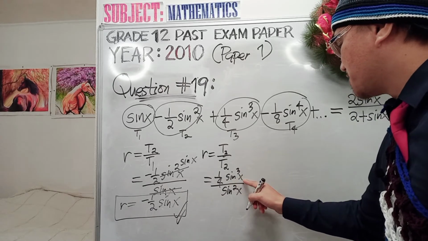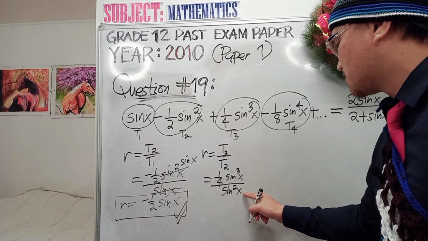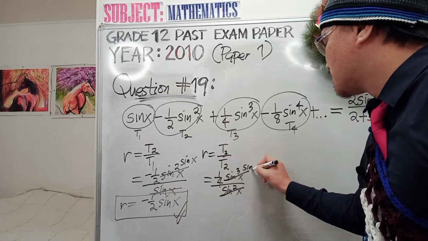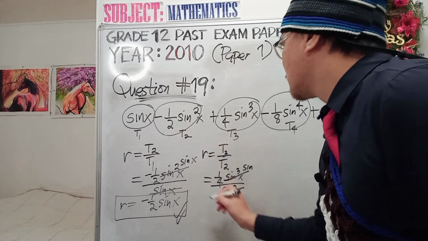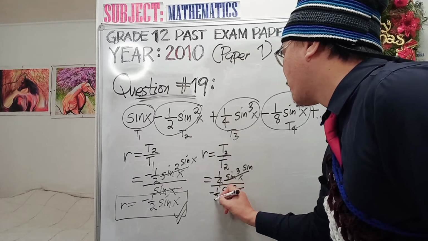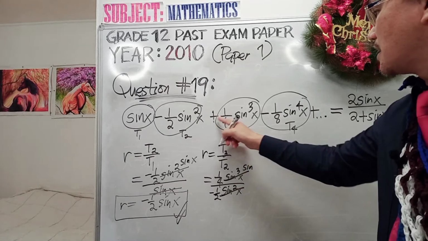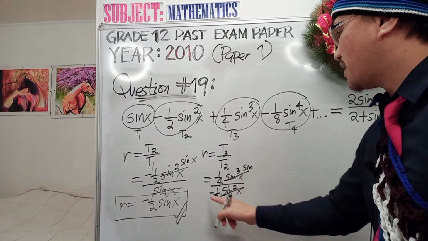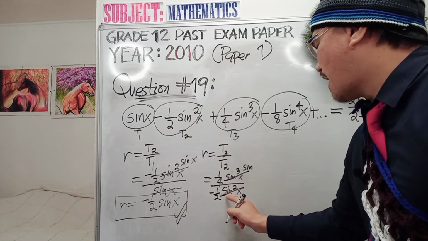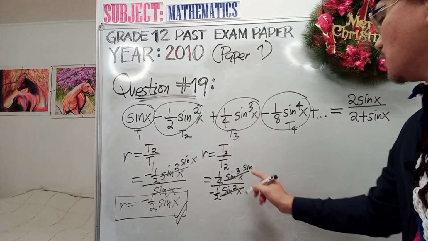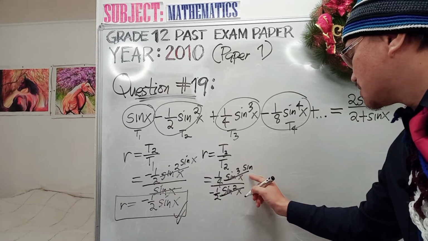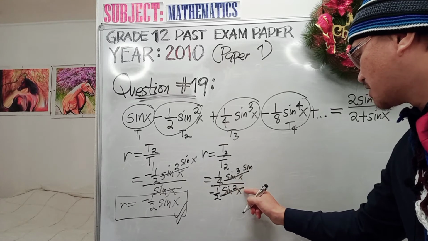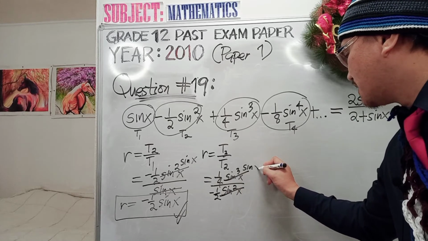So there are 3 sine x here and 2 sine x there, so we can eliminate, and this one is negative 1/2. Positive 1/4 sine cube x divided by negative 1/2 sine square x. You cancel the sine x squared, and now you are left with sine x.